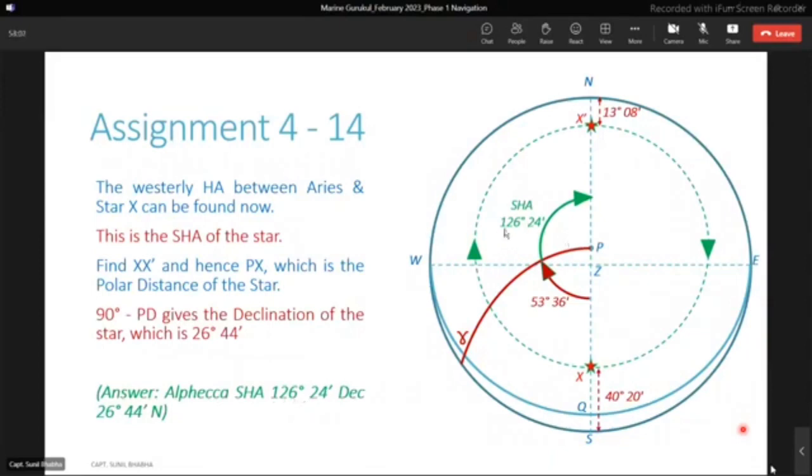That's what we got. The stars are given in serial order of SHA, so start from the first star and go up to SHA 126. What do you get there, beta? Alpha, sir. Great, beta. You got the answer. 25 marks.